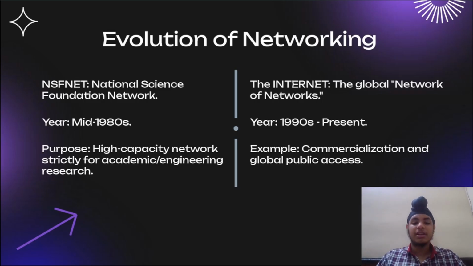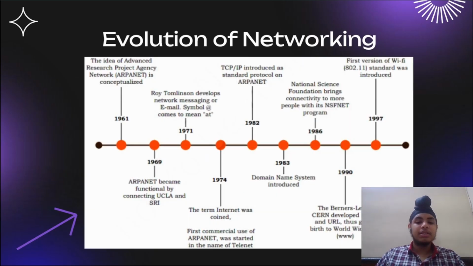Let's understand the timeline of networking. ARPANET was first planned on paper in 1961. In 1969, it officially started working by physically connecting computers at UCLA and Stanford Research Institute.